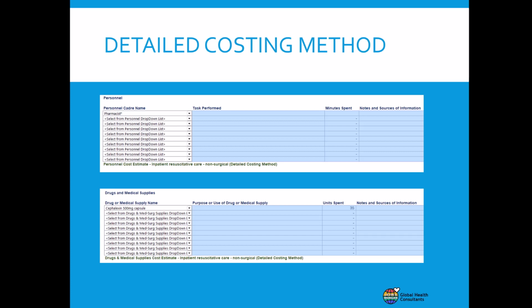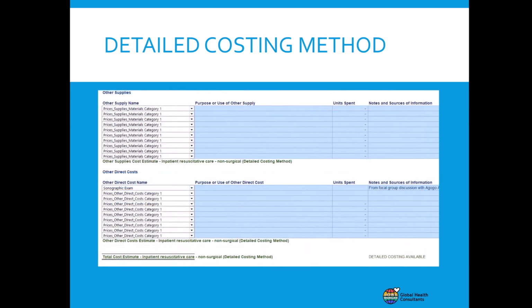Similarly, we can, from the drop-down list, choose drugs and medical supplies that are used for this treatment. And these drop-down lists are being developed from the ingredients price lists that we've already completed. We can then look at any other supplies that are used by putting in the drop-down list, the number of units spent, and making a note about the purpose of the use of the supply, similarly for other direct costs.